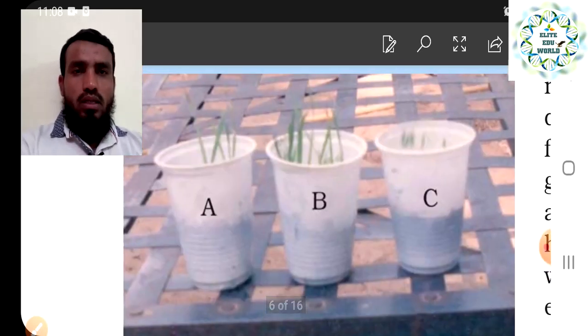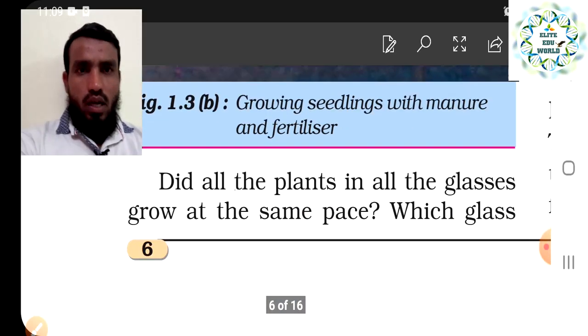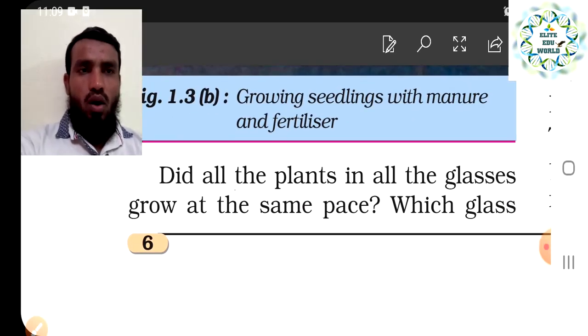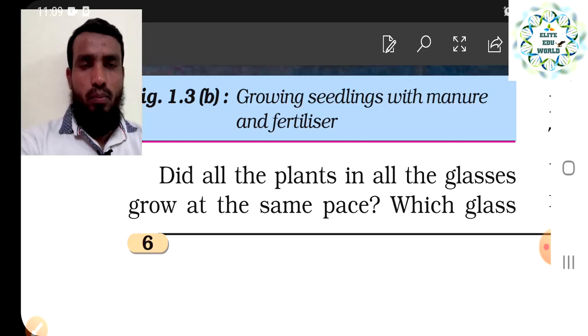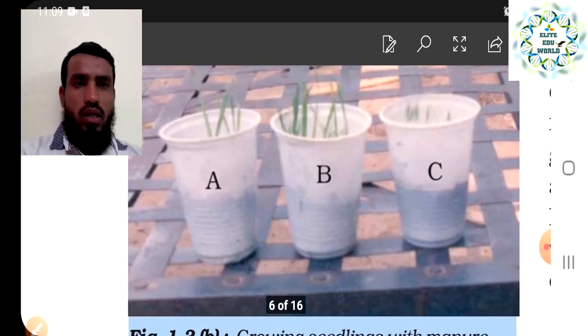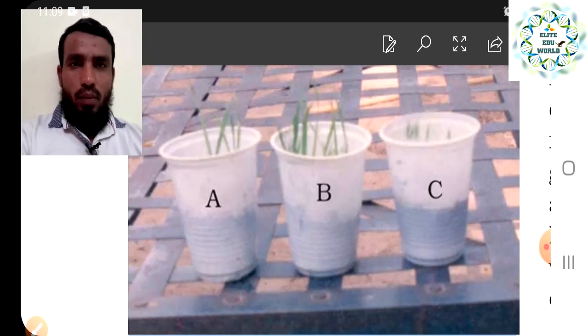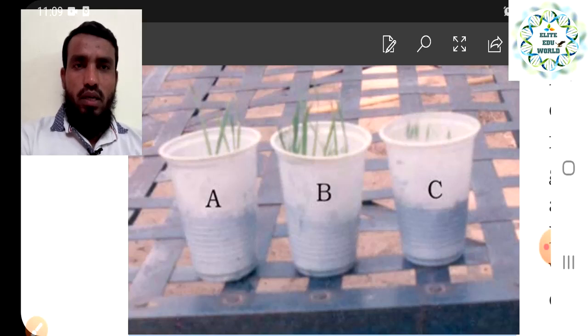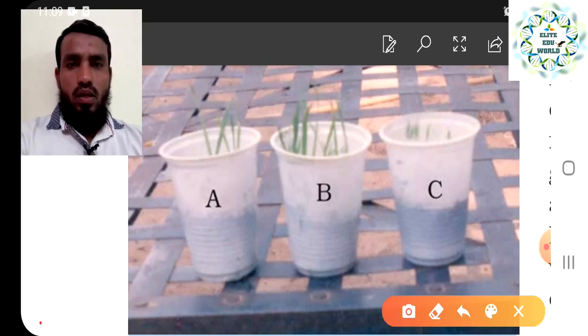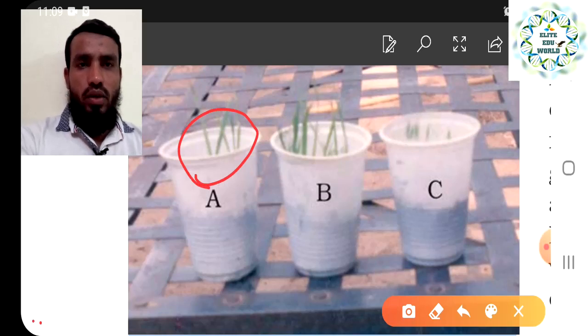What result will you observe here? It asks: did all the plants in all the glasses grow at the same pace? It means we have to observe what actually happened. In cup A we added a little cow dung, so you will observe a little growth, some seedlings growing there.